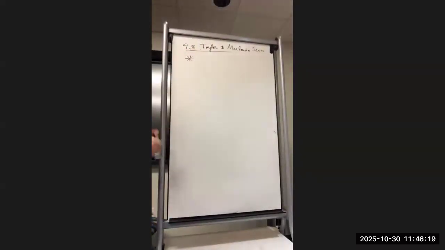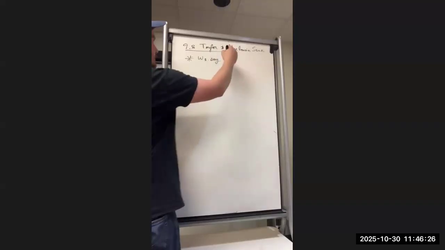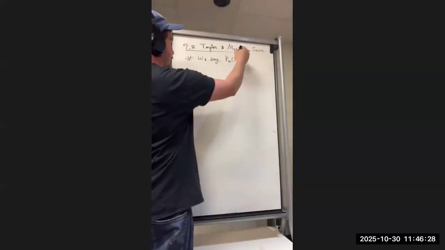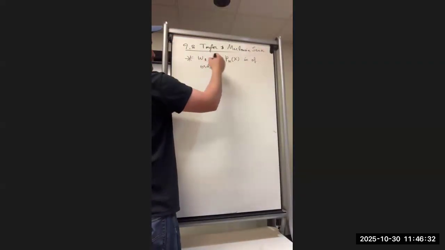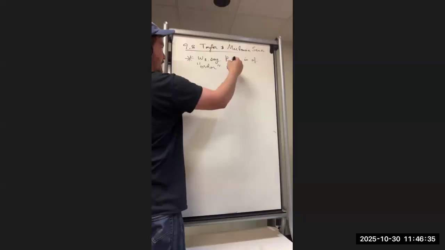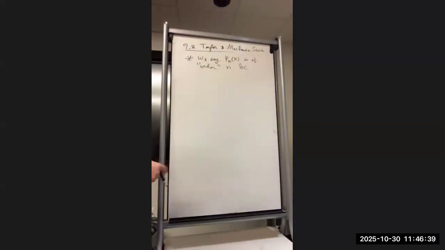Okay, so one special note, I was looking at the time, we're getting close. One special note here is that we say Pn of x is of order n because we don't know what the value of the derivative will be out to n.